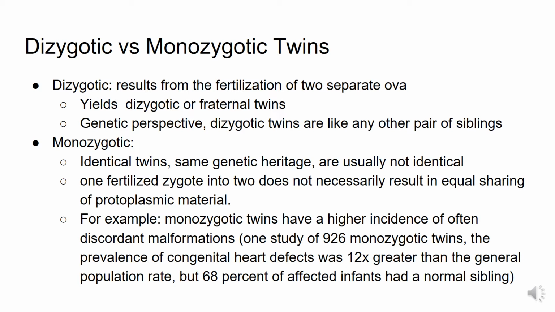So that's showing you there's some type of unequal sharing of predisposition to certain syndromes that probably require complex patterns of inheritance.